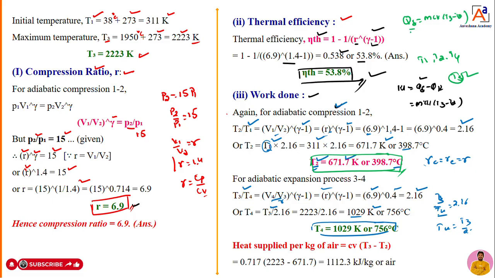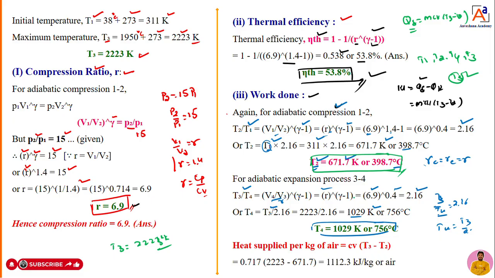But is it required to calculate T3? No. In the problem you can go back and see, T3 is already given, 2233 Kelvin. So you know T1, T3, everything now.